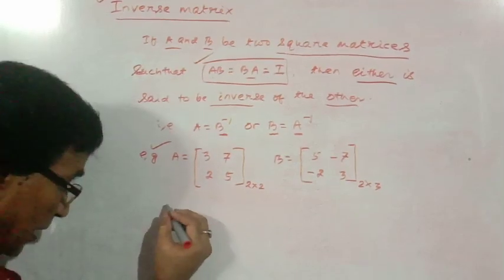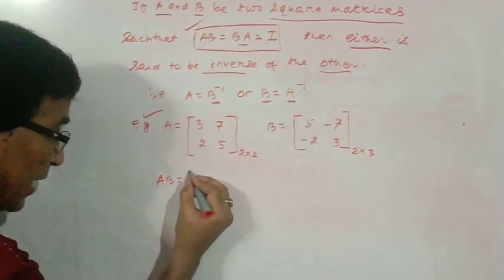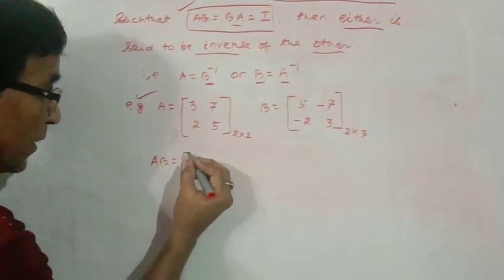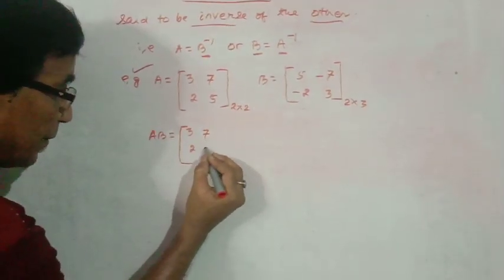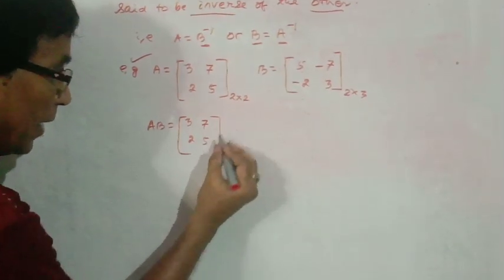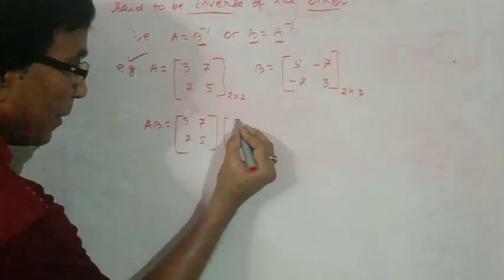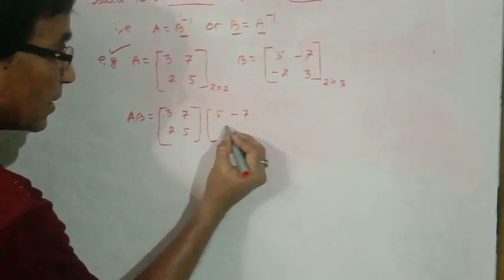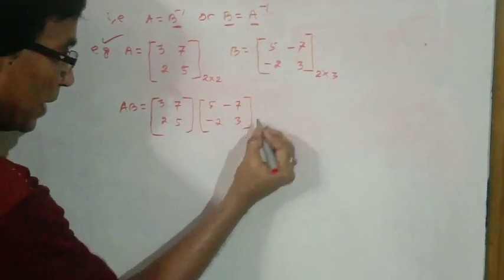Now let us multiply this AB matrix, that means it is 3, 7, 2, 5 into the matrix 5, minus 7, minus 2, 3.